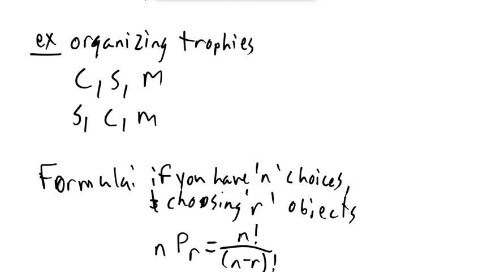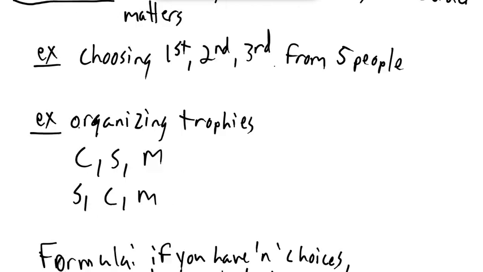Now this is where factorials come in, but honestly this is a little ugly, so I'm going to show you a shortcut. But let's go back and look at some of these.